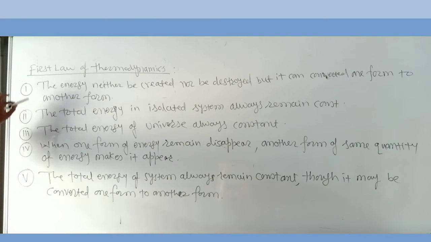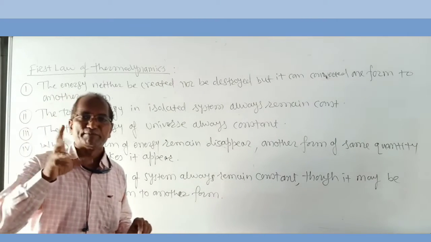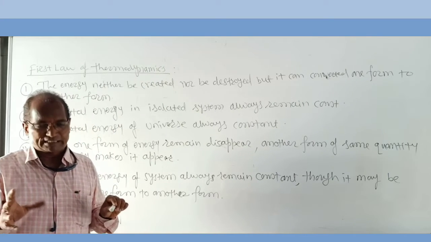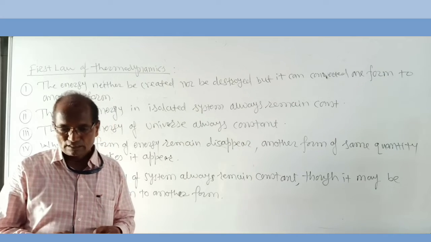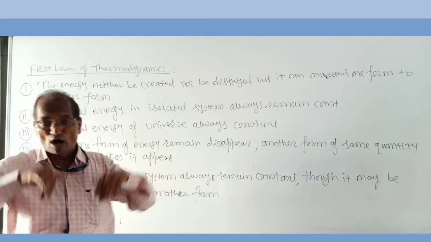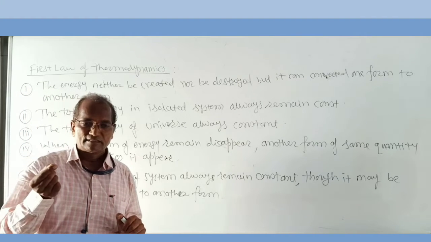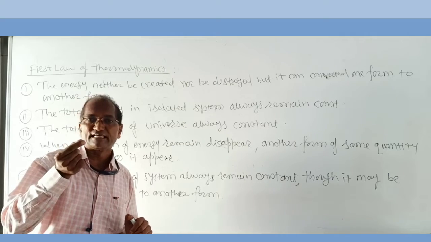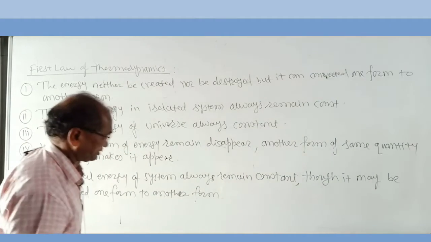In these 5 statements, the conclusion is that only total energy remains constant. But how this energy remains constant, or from where this energy comes, that is the question. And the answer to this question is given by the modified form of the first law of thermodynamics.